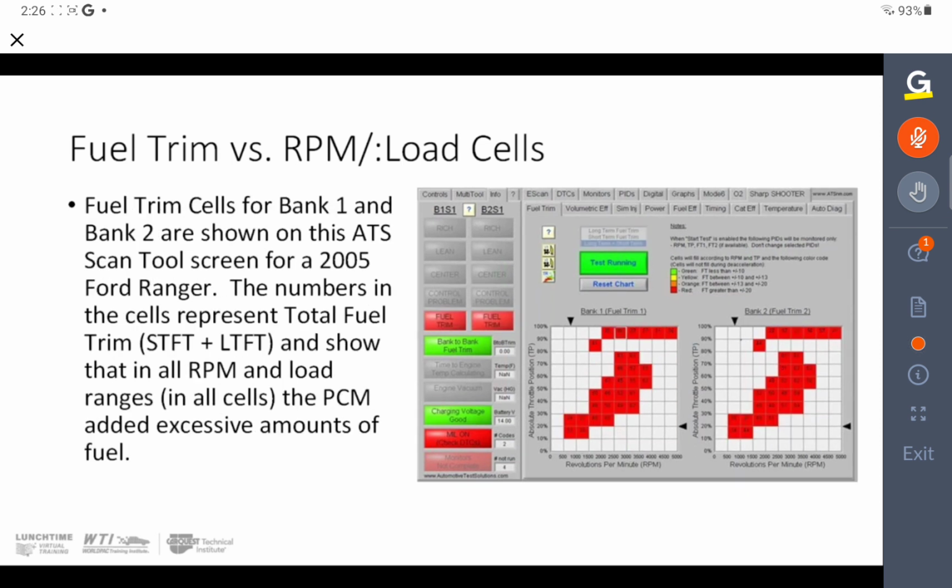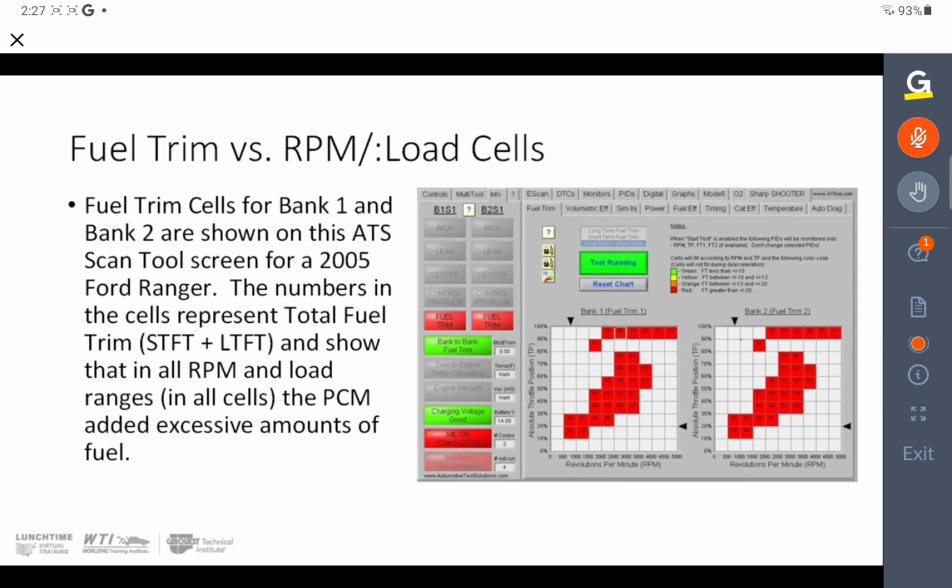On this particular fuel trim map, you'll see that we have red across the map. So it's adding fuel across the map. Remember, all the examples I'm showing you, it's adding fuel. It can also be going the other way where it's subtracting fuel. So everything we're talking about so far has been an issue with a lean condition and the computer responding by adding more fuel. On this particular vehicle, a 2005 Ford Ranger, we see that fuel trim values across the fuel trim map, it was adding fuel right across the map.